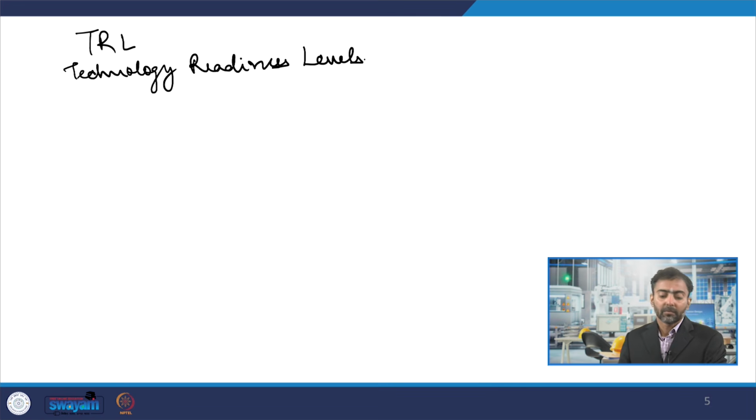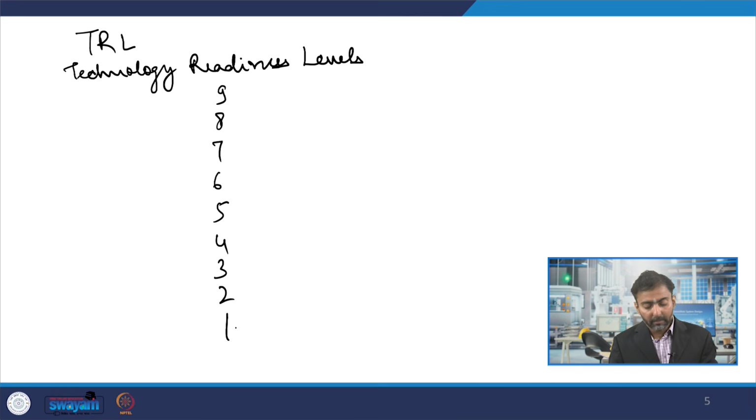As I was just now mentioning, any technology is not developed overnight. It takes time to develop any particular technology. So the readiness of any technology is measured by standard, globally accepted levels known as the TRL, or technology readiness levels. Typically there are 9 TRL levels, 9 being the highest and 1 being the lowest.